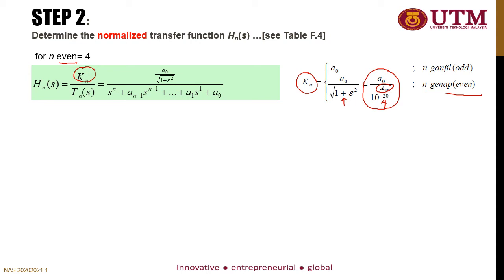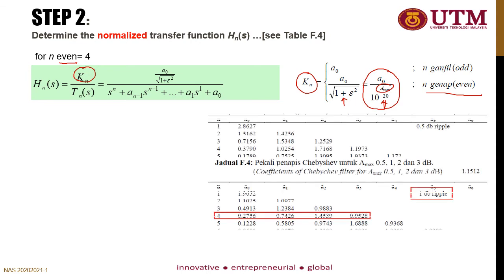They are the coefficients. Next, you need to refer to table F.4 for coefficients. In this case, the Mx is given as 1 dB, so make sure you refer to the correct one.